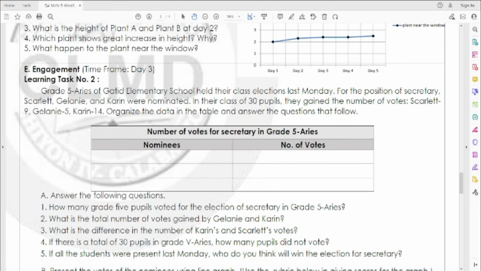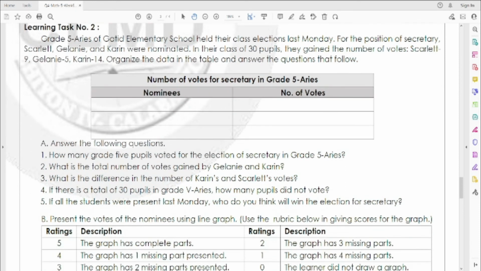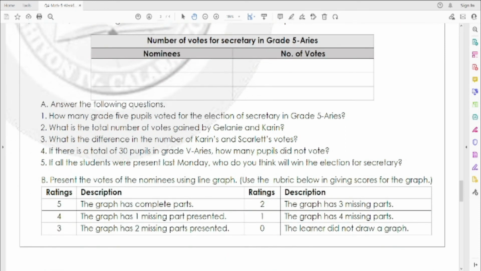From the information in learning task number 2, you're going to put the information in a table. Under nominees, you will write the names of the candidates, and under number of votes, you will write opposite the name their number of votes gained. Then you're going to answer the following questions. Number 1: How many grade 5 pupils voted for the election of secretary in grade 5 Aris? 2.